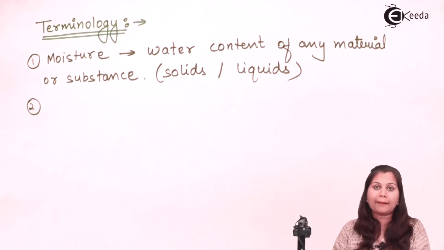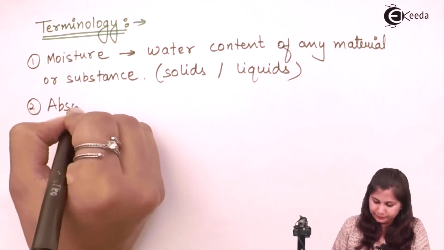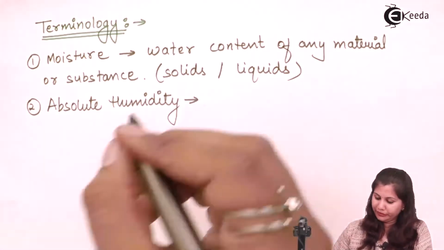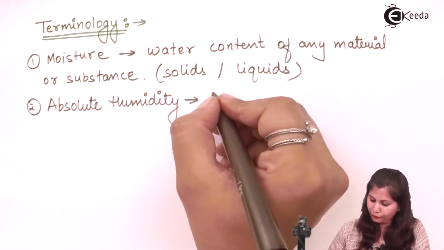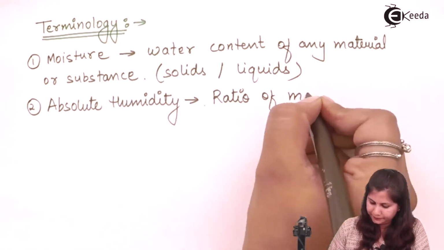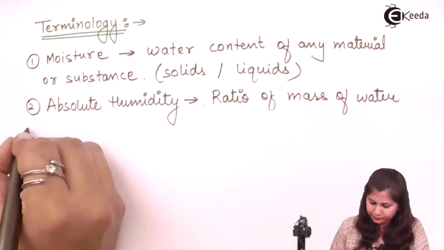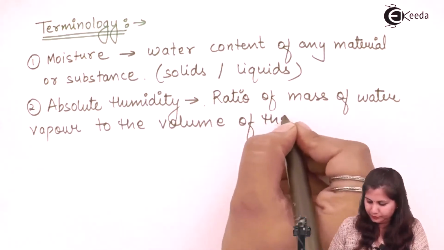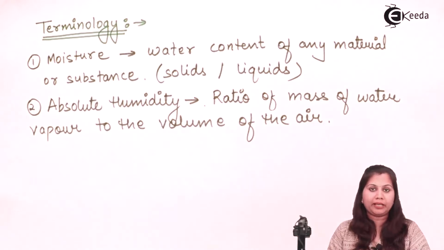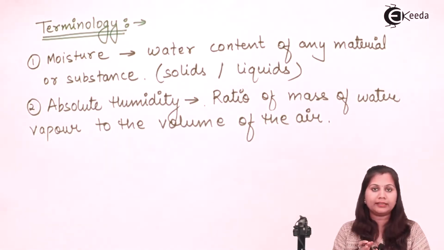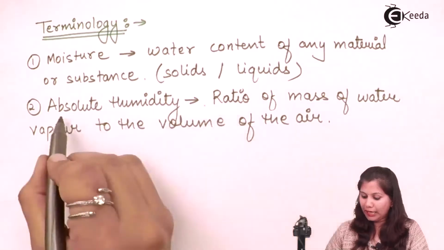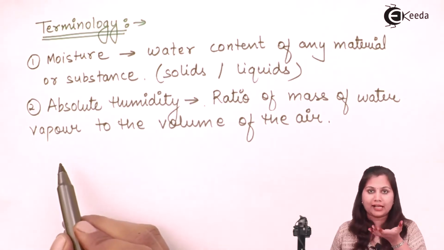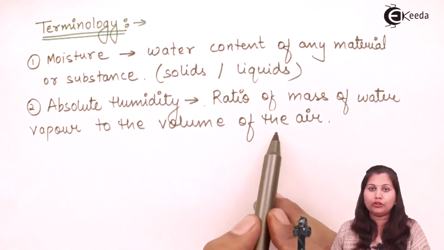Now the next term is absolute humidity. Absolute humidity is defined as the ratio of the mass of water vapor, that is the amount of water vapor, to the volume of the air.